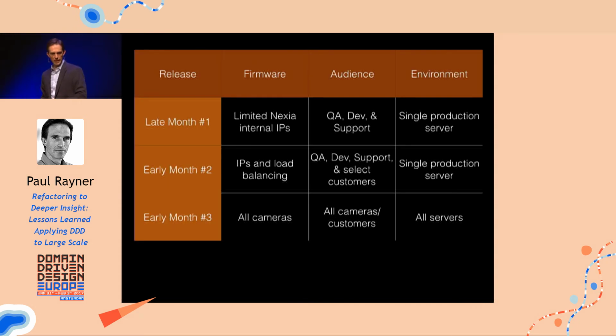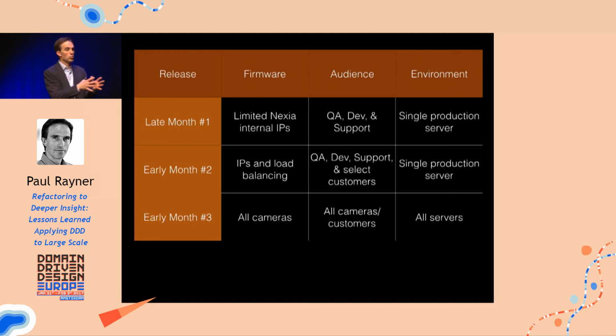We then did a phased rollout. So in the first month, very late in the first month, we did a limited rollout to Nexia internal IPs. The audience for that was really just the QA staff and dev and support, and it was on a single production server, so that we were able to test it and see, is this working the way we want it to? And then in the second month, we rolled it out to internal IPs and to the load balancing section, and that was to select customers.